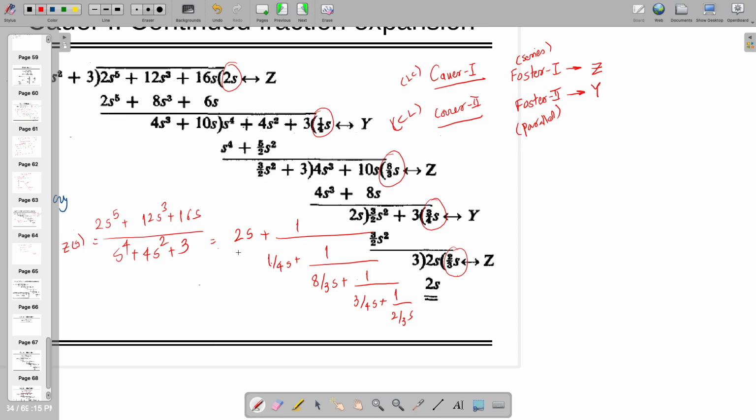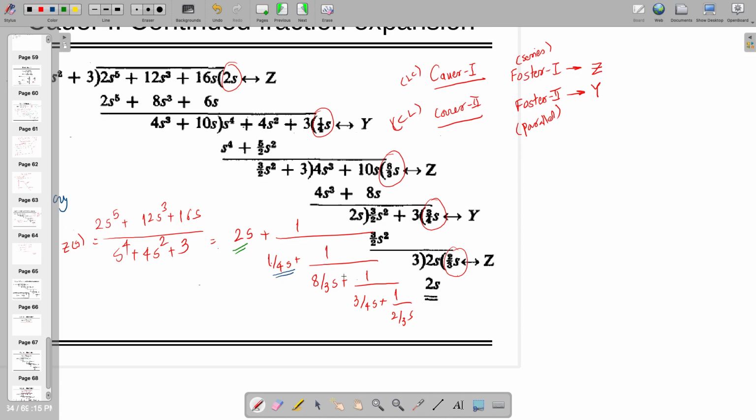So the first element is impedance, so it will be an inductor or capacitor. So this is an inductor. Let's make all the green entries inductors and blue entries capacitors. What will be 1 by 4s? Why inductor? This is admittance now. So 1 by this one is a capacitor.